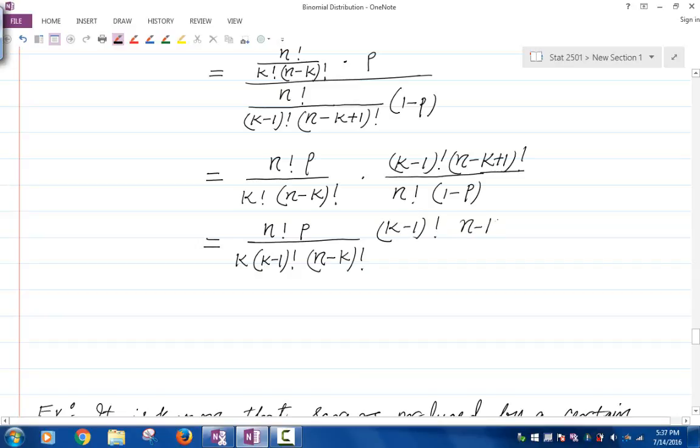This will be n minus k plus 1 times n minus k factorial over n factorial 1 minus p.